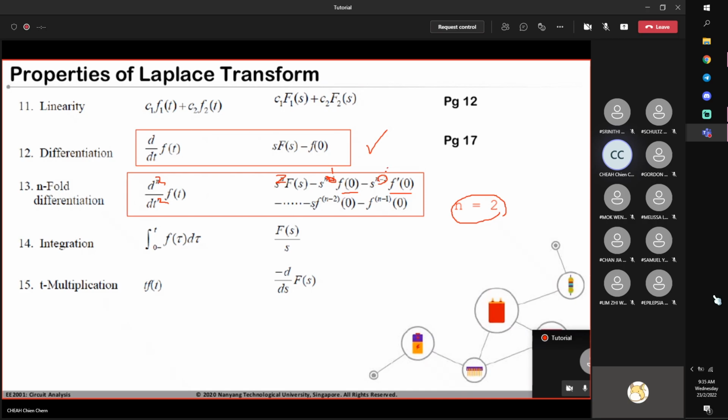That means that you use s²F(s) minus s f(0) minus the initial condition of df/dt.